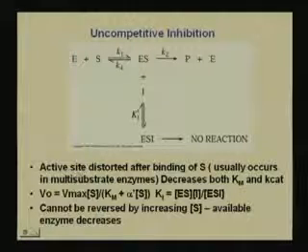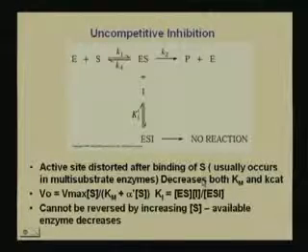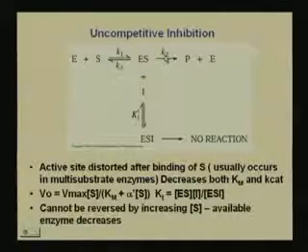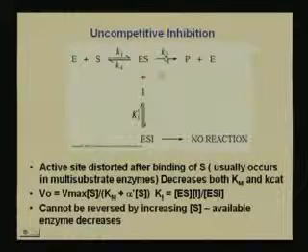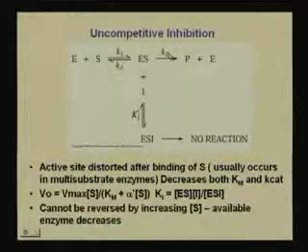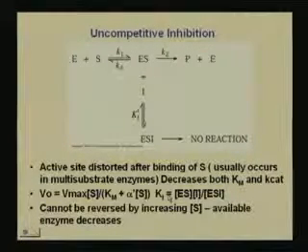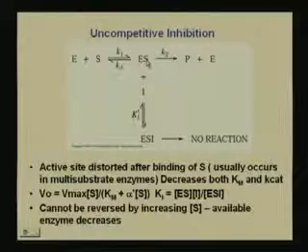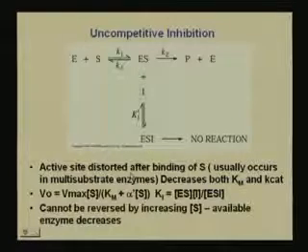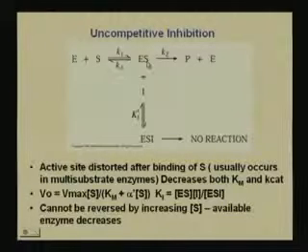So, you have an active site that is distorted after binding of the substrate, and it decreases both the Km and the Kcat value. Okay? So, if the Kcat is decreased, what is going to happen to the Vmax? It is going to decrease, and the Km also is affected. And because the available enzyme again is decreased, even if you add more substrate, nothing is going to happen.